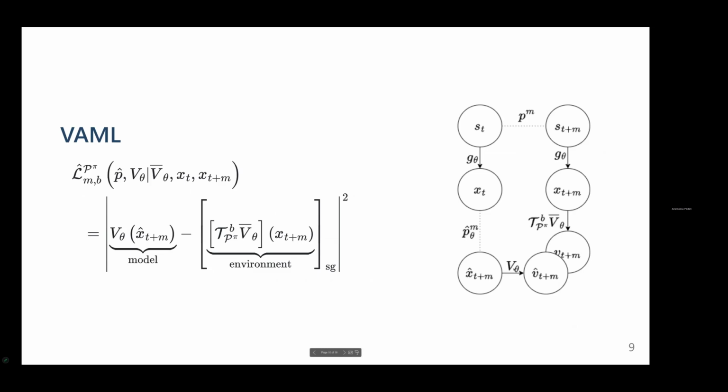Now, the value we compute on this representation is regressed towards a Bellman operator of this little v with a dash on top, starting from this state here. So if you remember from some slides before, we take rewards, like we sum up the B rewards we received in the environment, and then we computed the value of the s t plus m plus b state.